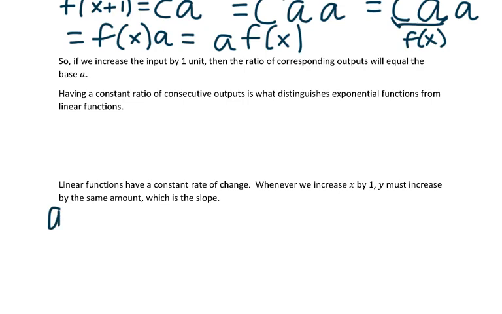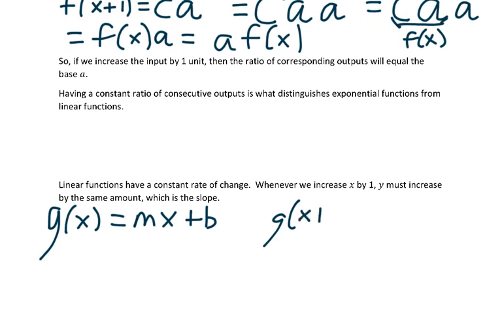For instance, if I take g of x to be m times x plus b, the slope-intercept form, then g of x plus 1 is going to be m times x plus 1, plus b.